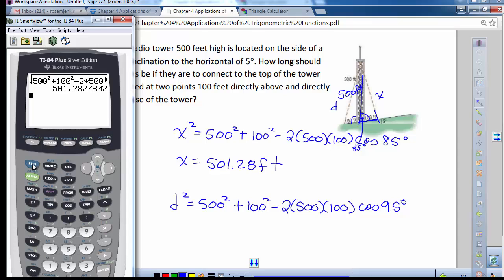Okay, so I'll just use what we typed in last and change that 85 to 95. And so we get 518.38.